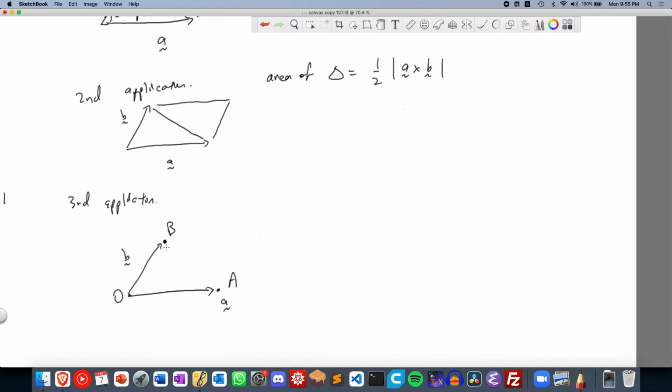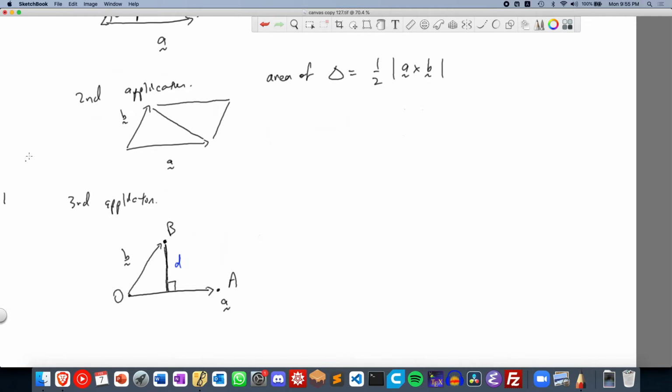It is the distance when you draw a line like this, perpendicular to the line. This distance is known as the perpendicular distance, and it's also sometimes called the closest distance. I'll just call this D. It's the closest distance from the point B onto the line OA.